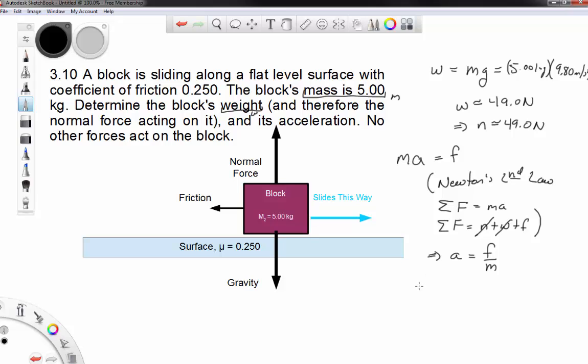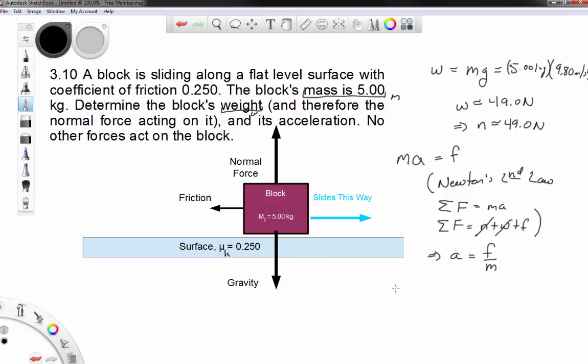So how do we get the friction? Well, friction is obtained by taking the normal force between these two surfaces and multiplying by the coefficient of friction, which is given here. Again, we're assuming it's already in motion, so this is a coefficient of kinetic friction.